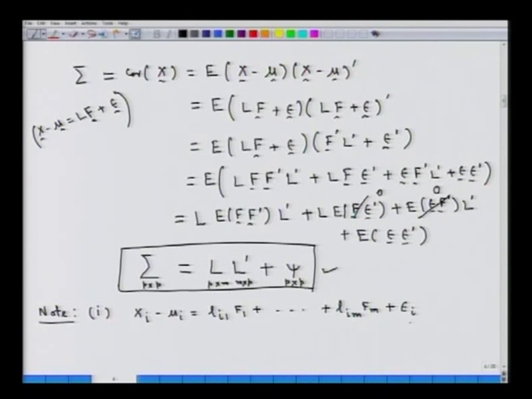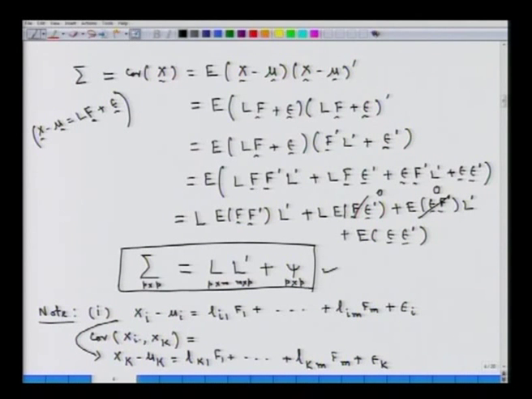Once we have this relationship, we can ask what the covariance of xi and xk is. Covariance between xi and xk of course is the ikth element of this sigma matrix. From this relationship, if xi minus mu i is equal to this, then corresponding to the kth variable, xk minus mu k would be equal to Lk1 times F1 and so on, up to the kth row, Lkm times Fm, plus epsilon k.